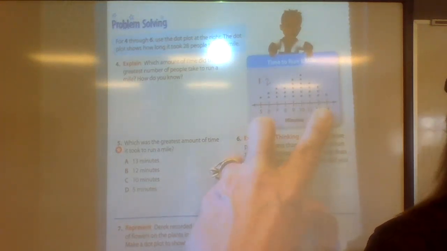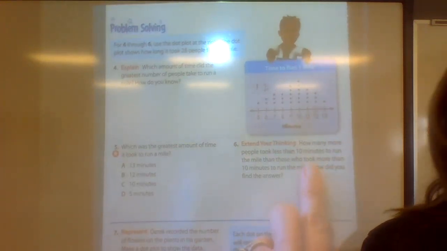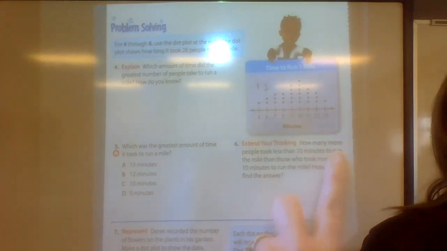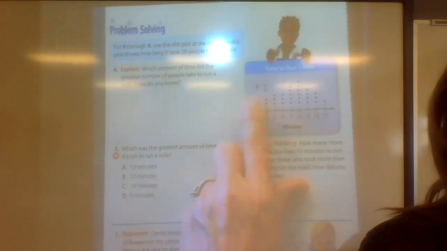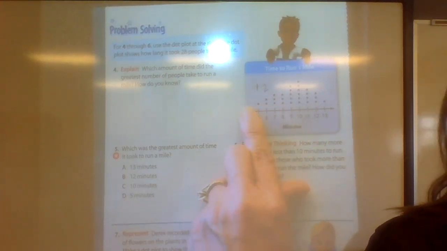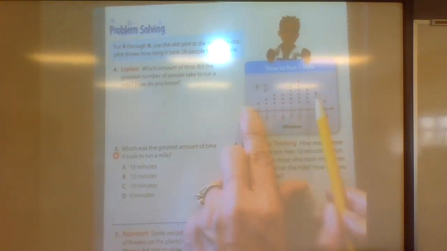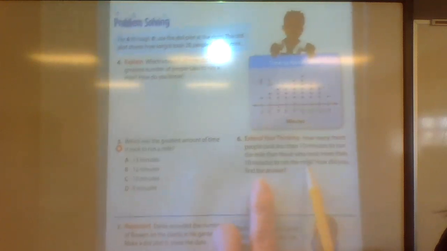Boys and girls, number 6 says how many more. You can't figure a how many more question without your numbers. You can't do that with dots. So it's important to write your numbers above each of these dots, how many dots are represented, so that you can then, how many more means subtract, so you have to have numbers in order to do a subtraction problem.